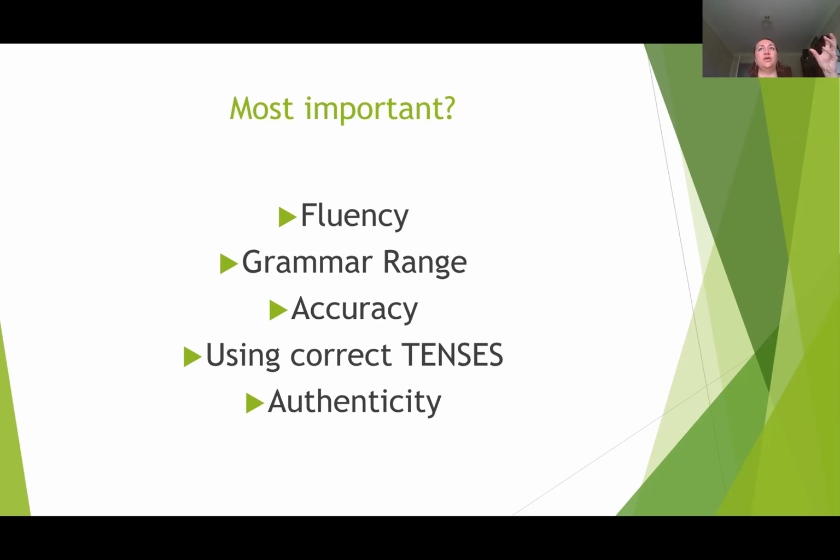They want to see that you can respond immediately to a question because your English is at that high level. And it's very easy for them to see if you've memorized, because many students will use exactly the same answer. Okay, so authenticity is also one of the most important things. Fluency, grammar range, accuracy, using correct tenses, and authenticity.